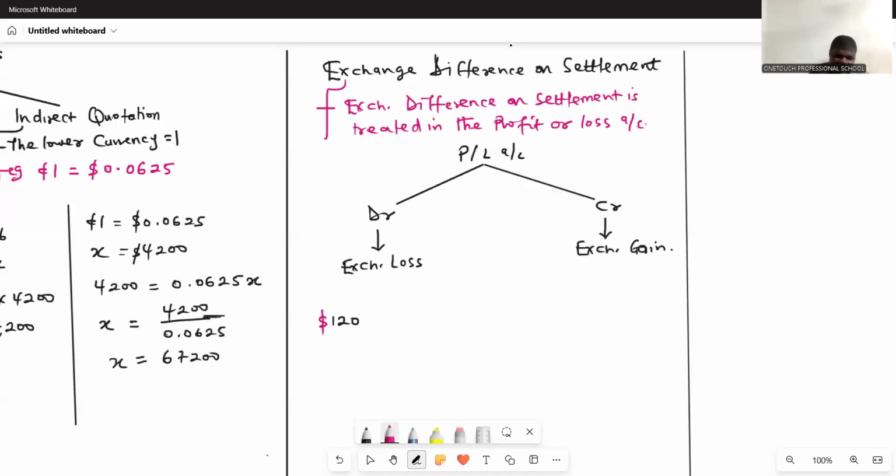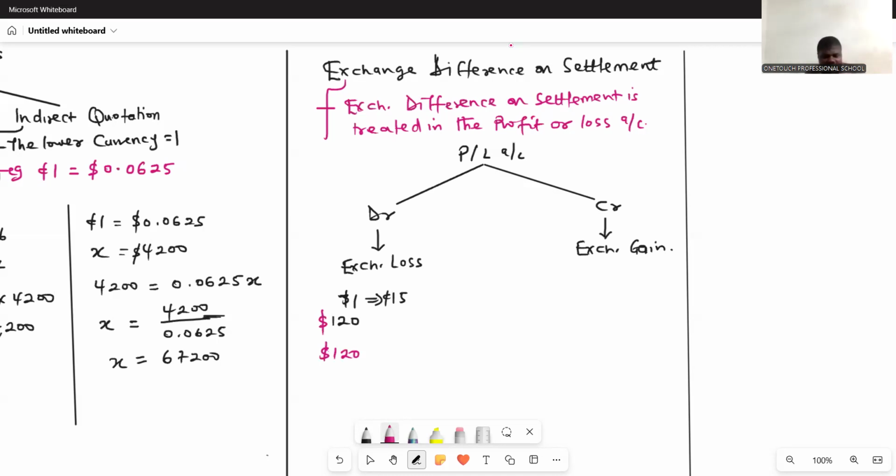At the time, the exchange rate was $1 to 15 cedis. Today, the person sent me my $120.